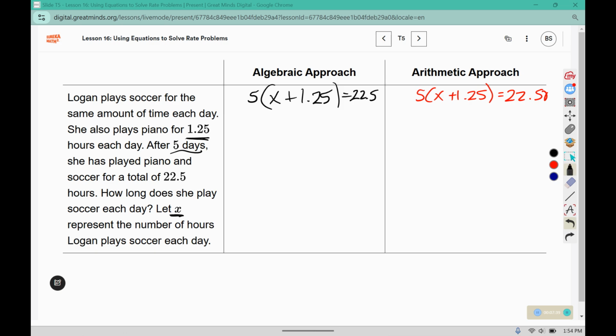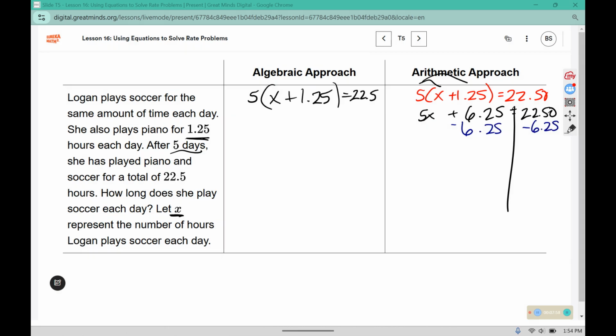So to start, we are going to distribute. 5 times X is 5X. 5 times 1.25 is 6.25, and that equals 22.50. Subtract the 6.25 from both sides, and then that would give us 16.25.